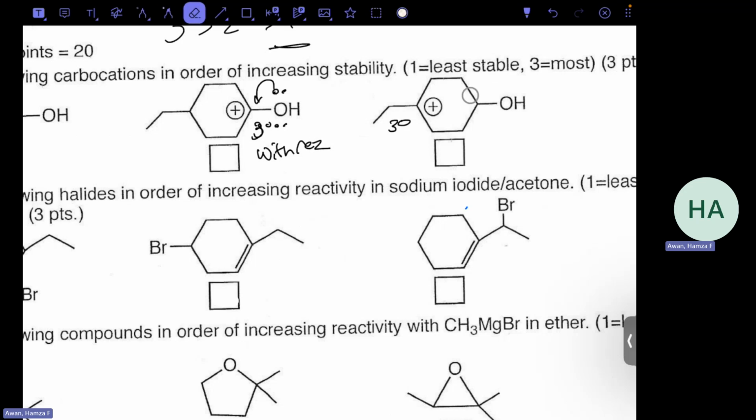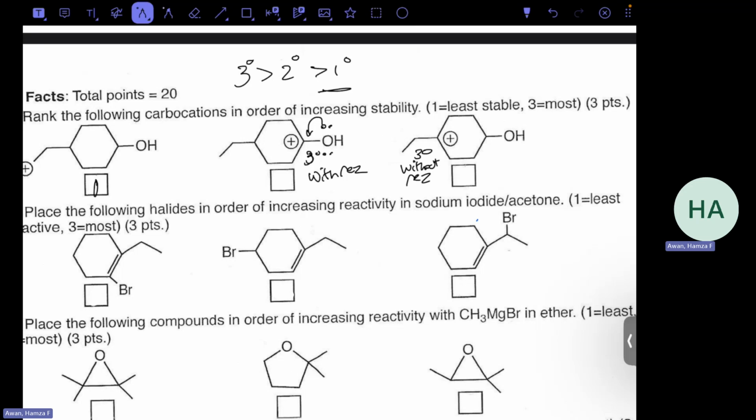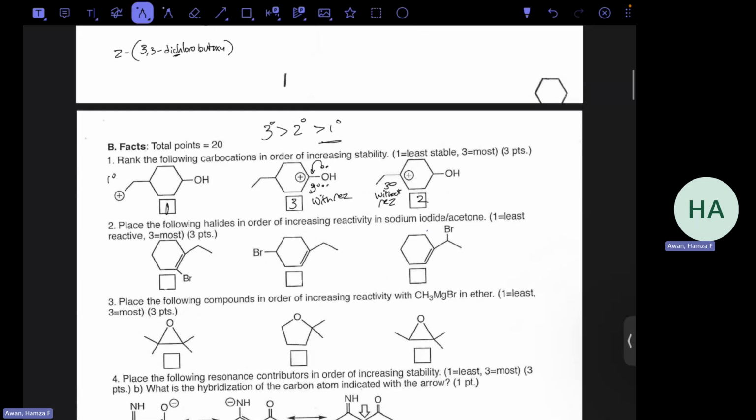Because it can't do that, it is a tertiary without resonance. Between with resonance and without resonance, the one with resonance is going to have a lot more stability. So our order is going to be 1, 3, and then 2.